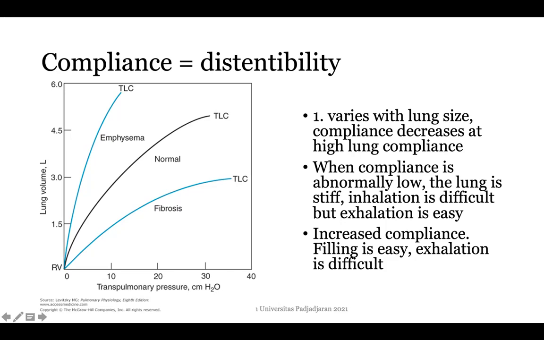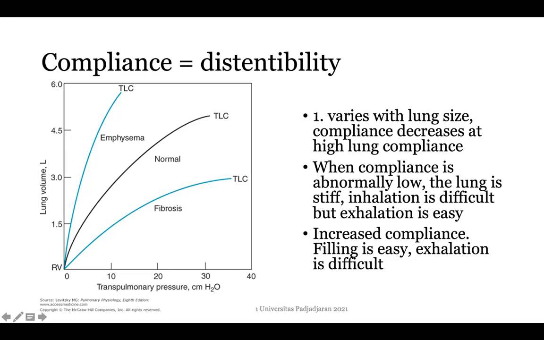Now the thing to keep in mind with the lung is that as compliance increases, recoil is inversely proportional. If compliance increases, recoil, which is the amount that the lung shrinks, changes in the opposite direction.